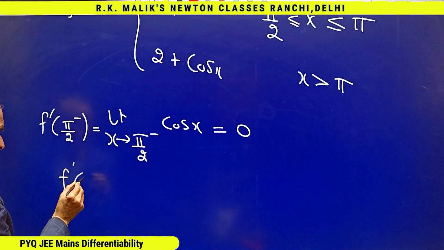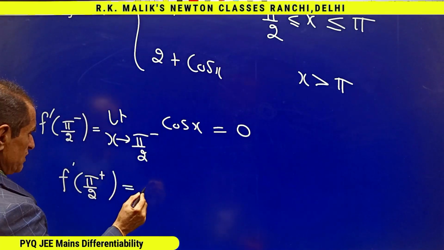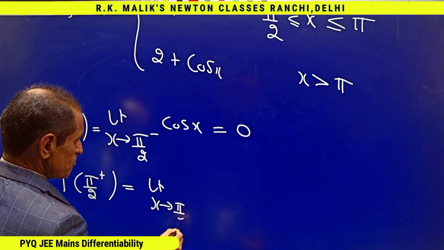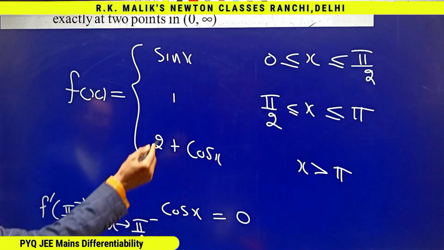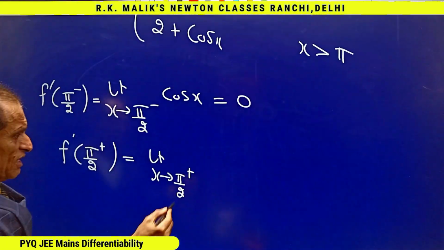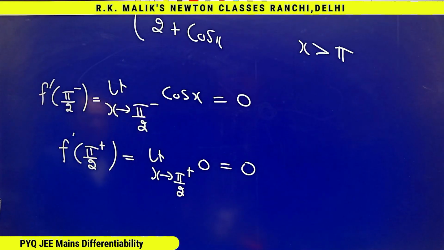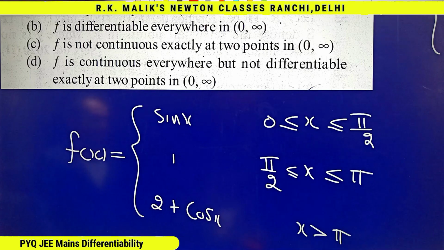Similarly, f dash of pi by 2 plus is the limit as x tends to pi by 2 plus, and here I will write the derivative of this, that is 0. Hence at pi by 2, because the left hand derivative and right hand derivative are both 0, I can say f(x) is differentiable at pi by 2.